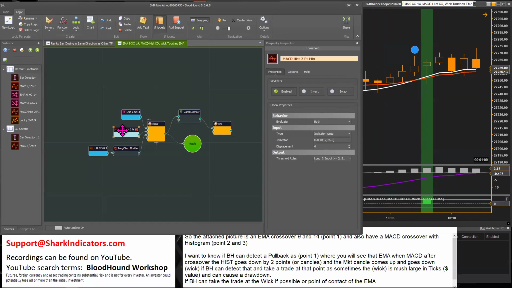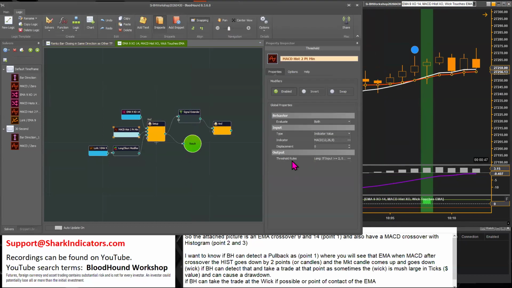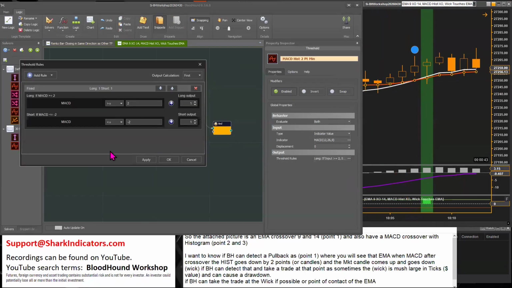And then, if you adjust your EMA periods, if you make your EMAs a little faster, then you'll need to adjust this value.